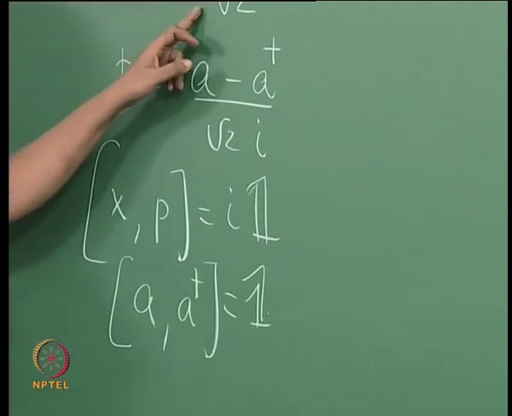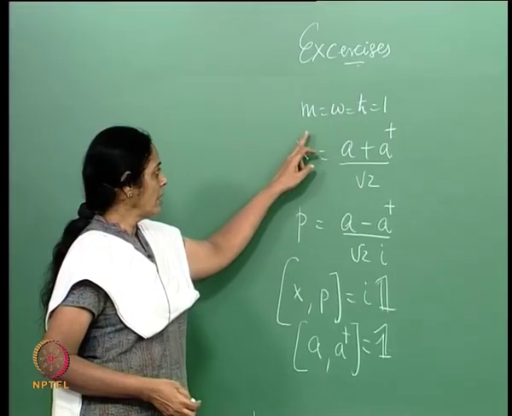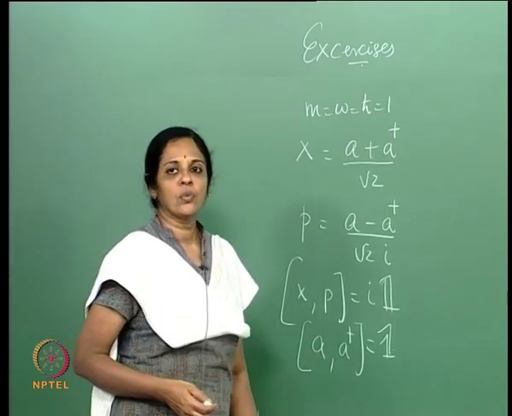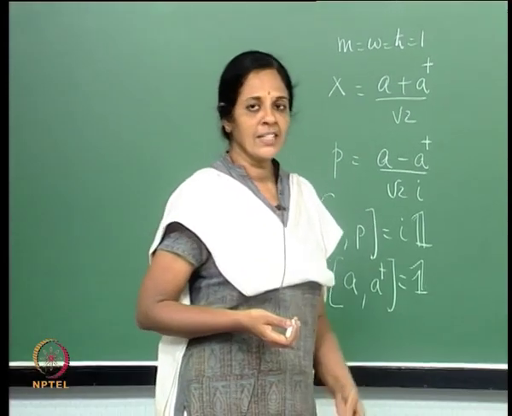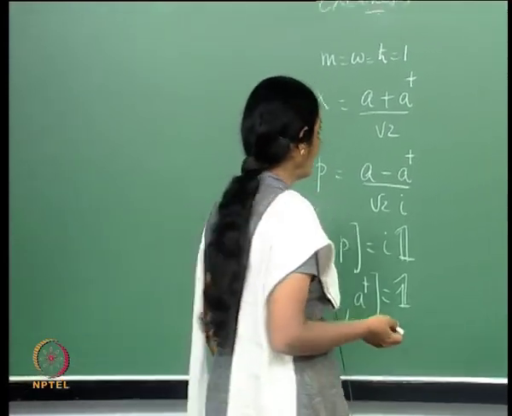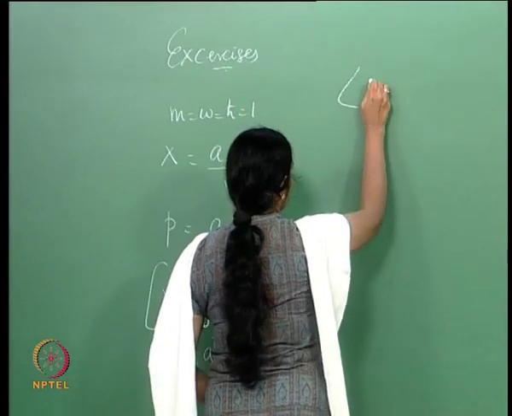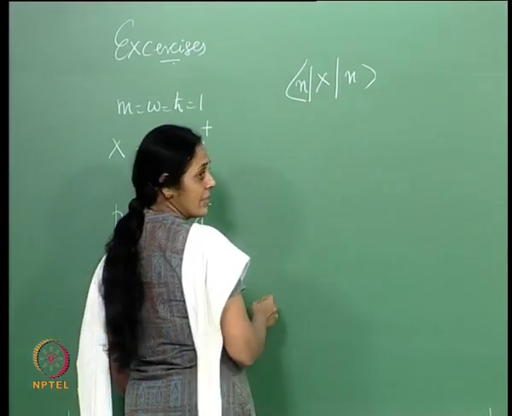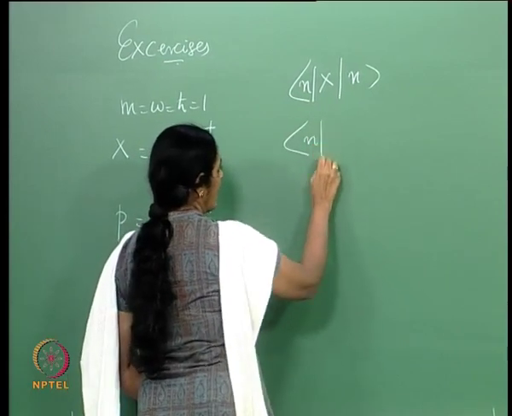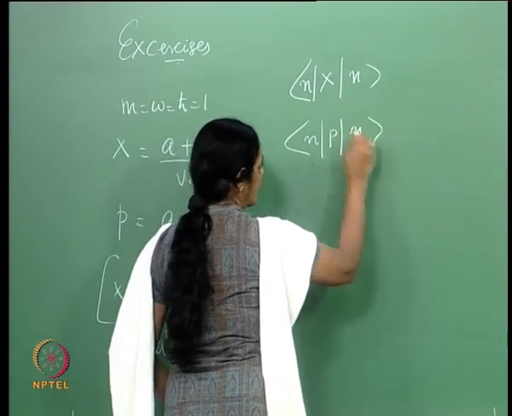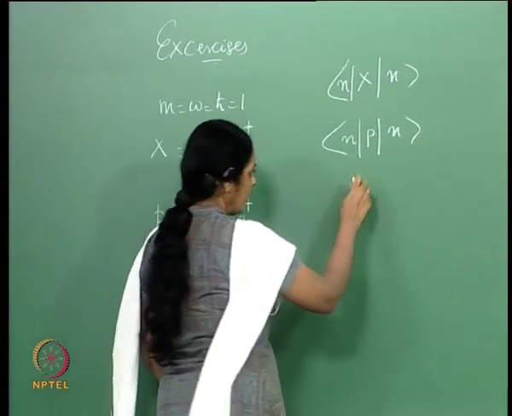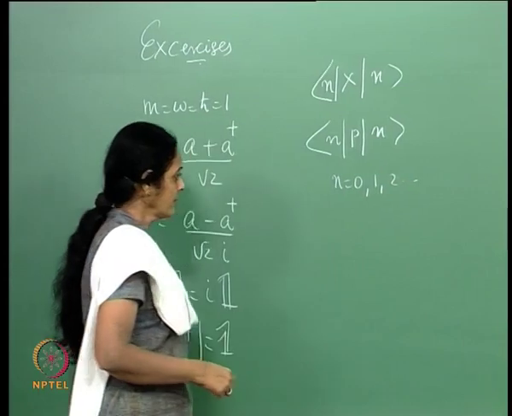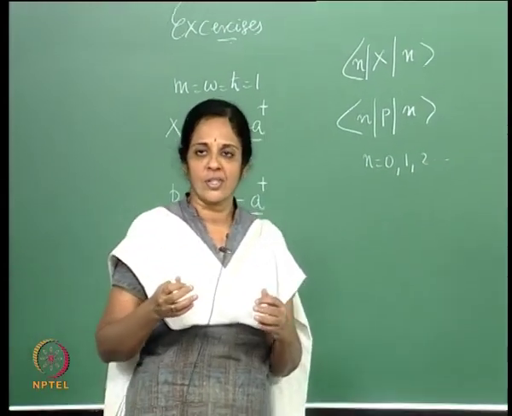So I will work with this example where m is equal to omega equals h cross equals 1, and what I will attempt to find out are the following: the expectation value of x in any state n of the oscillator, the expectation value of p in any state n of the oscillator. Recall that n takes values 0, 1, 2 and so on. n equals 0 is the ground state of the oscillator.